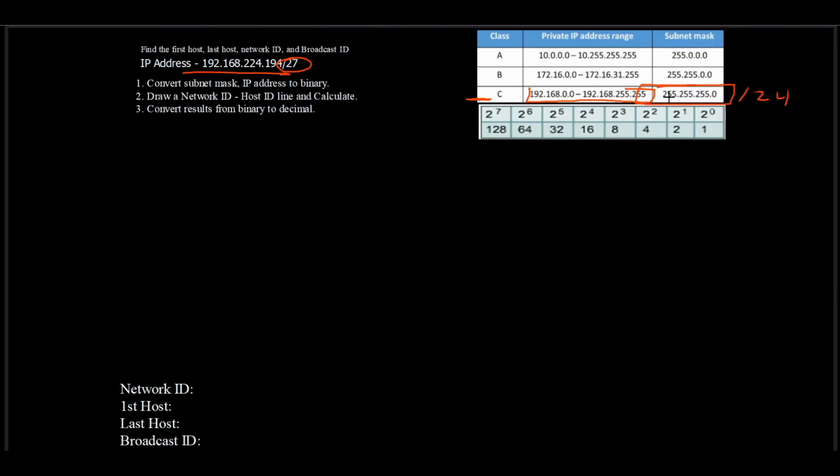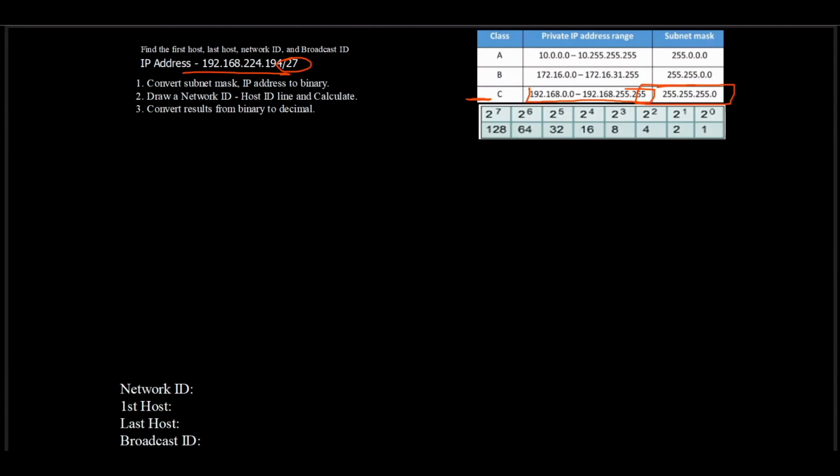There are 8 binary digits, as we said, 8 plus 8 plus 8, 24. This is the default number for a class C IP address. However, we see 27, so there is some borrowing going on. We need to borrow from the host portion a few bits in order to subnet.